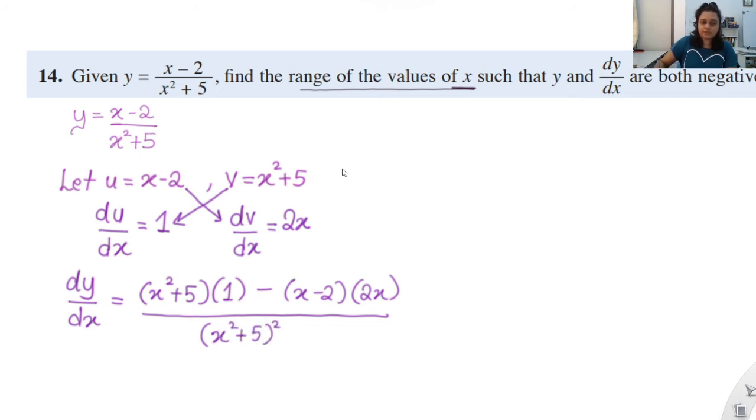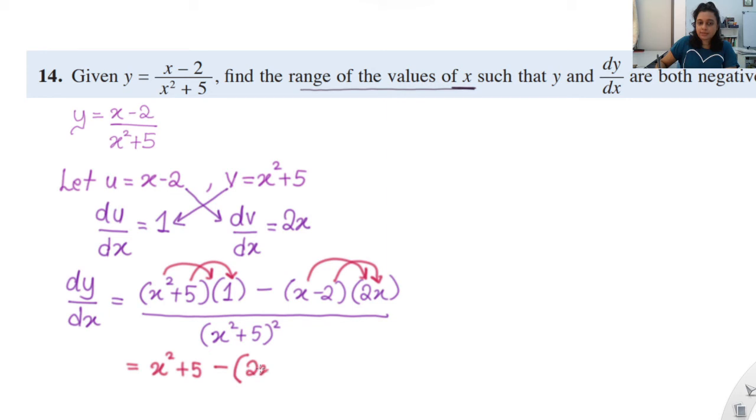I'm going to make this even thicker a little bit. Now already done until here. Now you expand. When you expand, just make it as simple as possible. So here will be x squared plus 5. Here also expand. So minus, make sure you put bracket first.